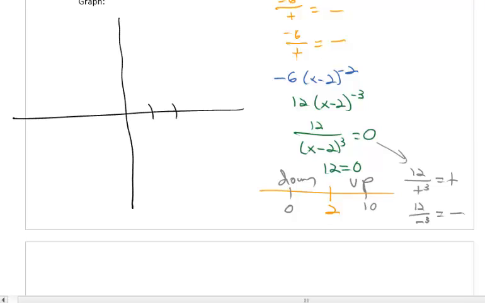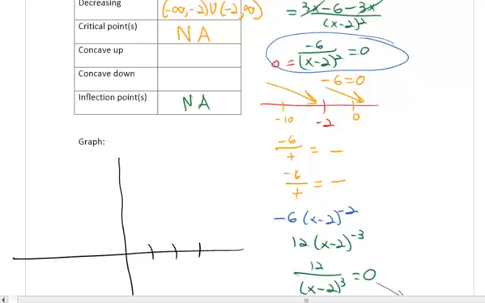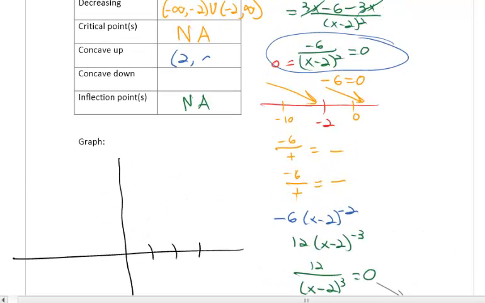So taking all that information that we just learned, making sure we fill it in, we said it was concave up from 2 to infinity. Concave down from negative infinity to 2.